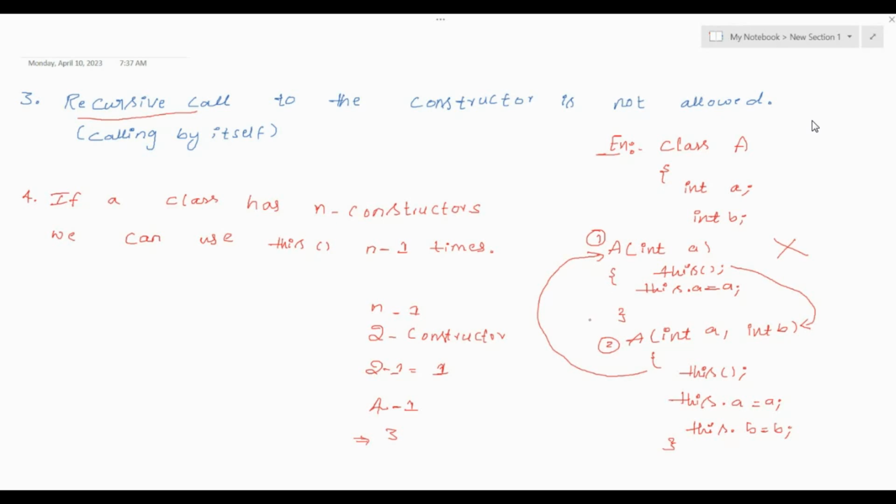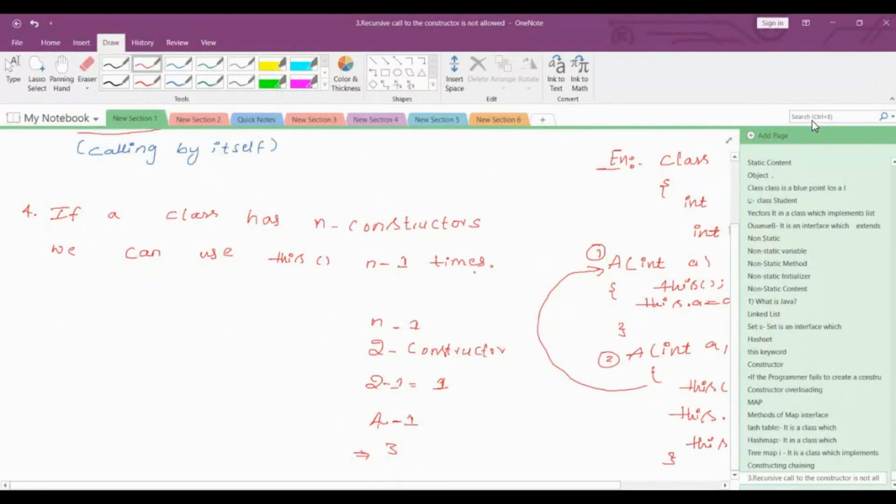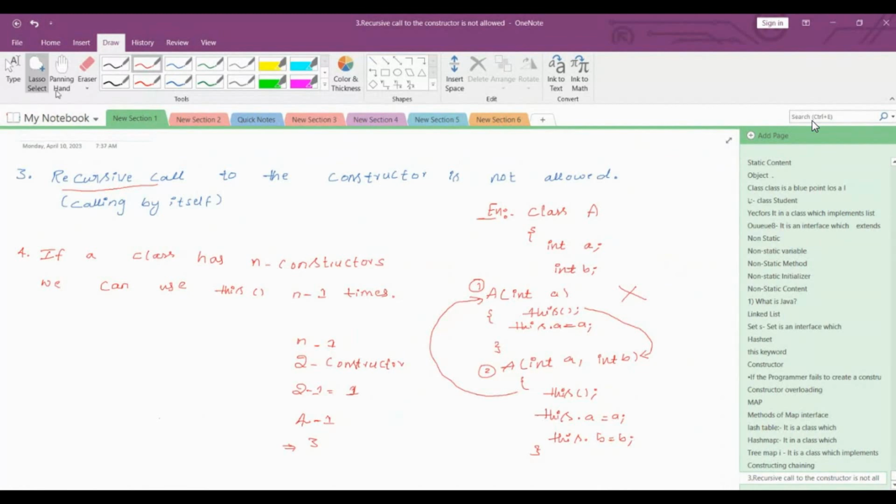So in this example only, here the first constructor will check. So this.a equals a. First time we are initializing. So before this constructor, did we initialize anywhere?